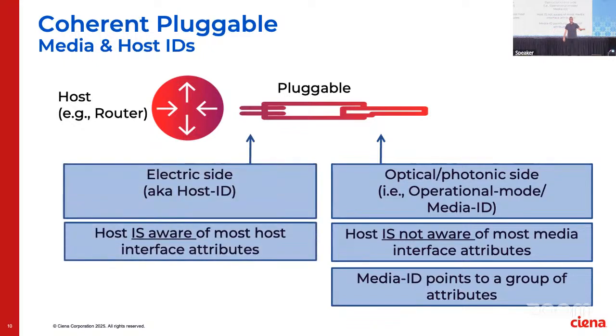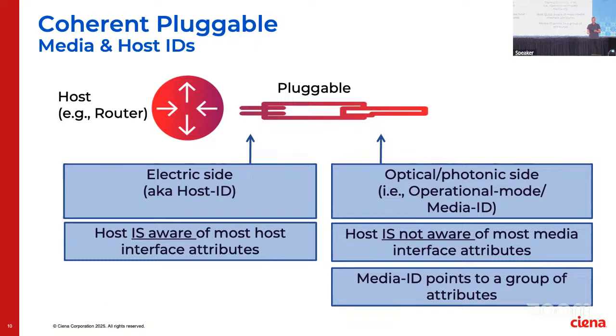On the other side, host ID, which is the electrical connection of the plug to the router, definitely the router or host should be aware of what is happening there. So again, host ID is something that if you are familiar with OIF, for example, you heard this terminology over and over again. And in most cases, the host shall be aware of all the attributes and characteristics of that.